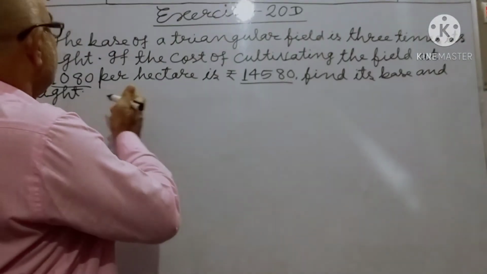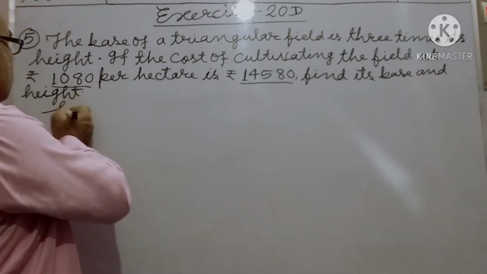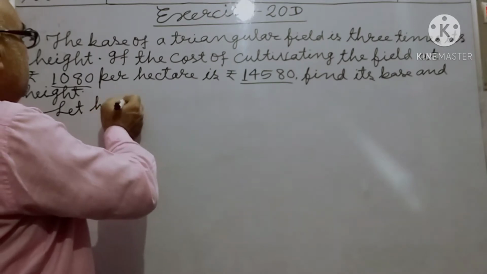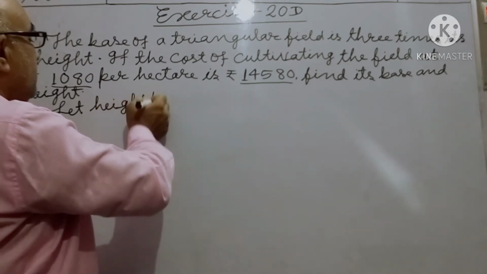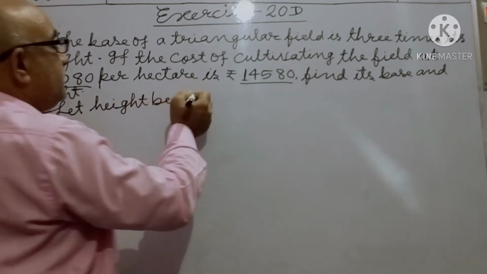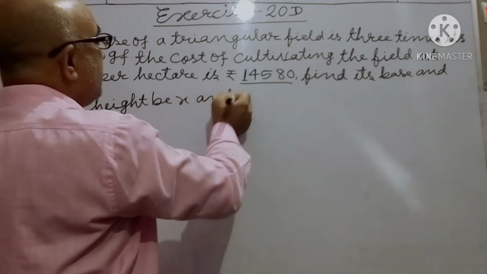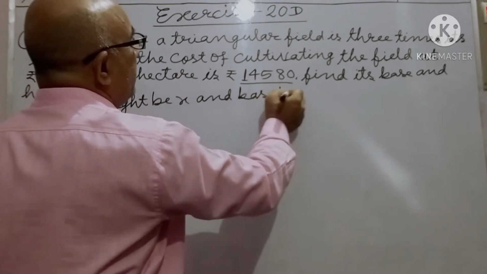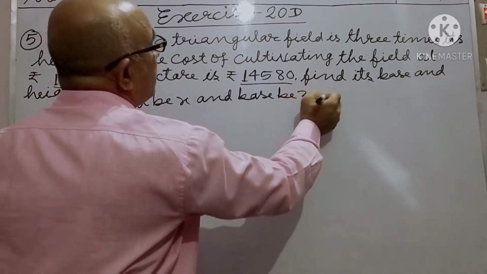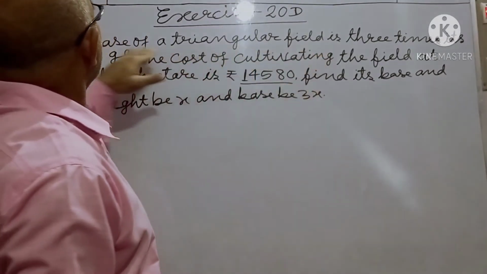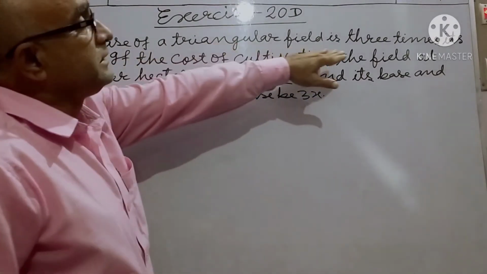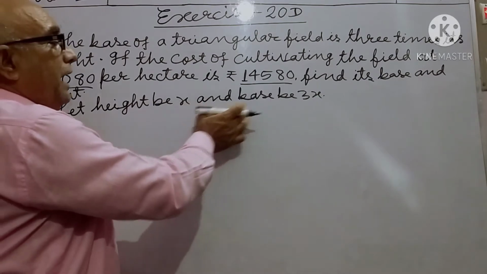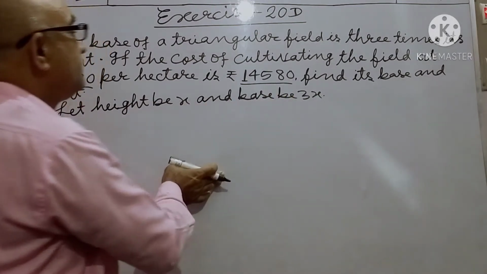So let height be x and base be 3x. Given base of a triangular field is 3 times its height. So let height be x and base be 3x.